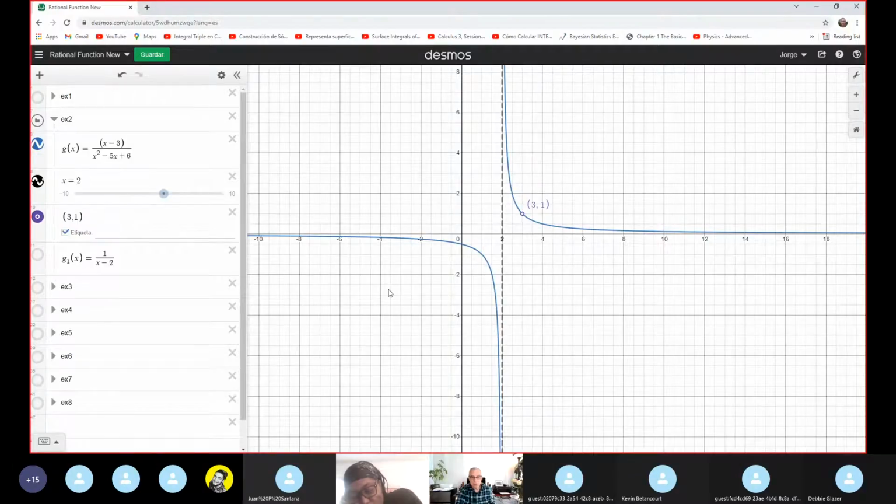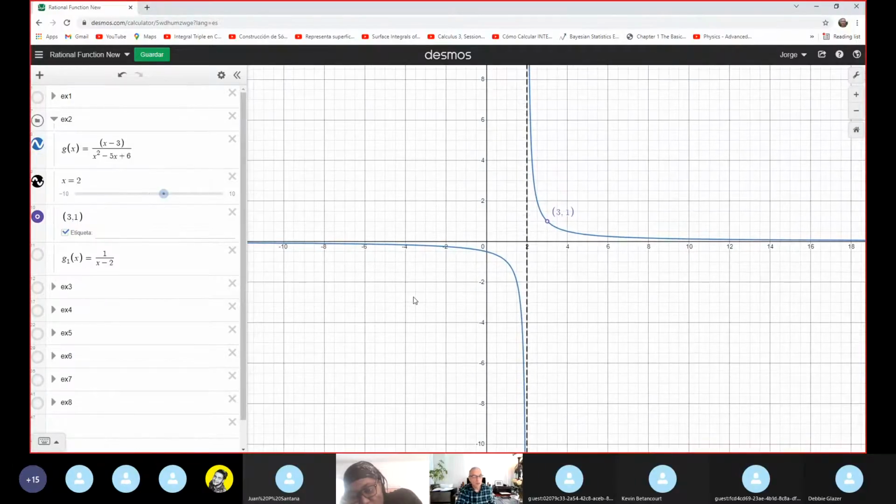The example 2. I copied the original function. Do you see that, right? Answer me. Yes, no. Professor. David, help me. Do you see or no? What's going on? Do you hear me? I see it. Okay.